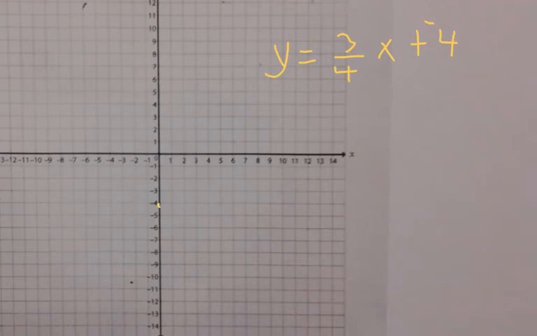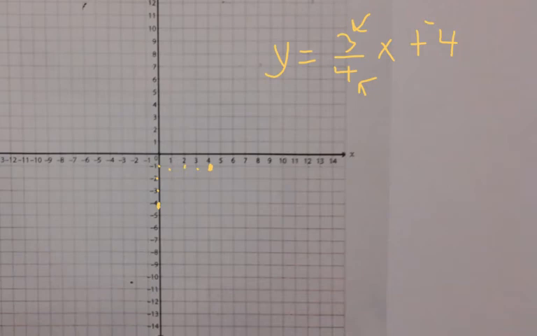And it's a positive slope, and the top number tells us how far to go up, so we're going to go up 3, so go up 1, 2, 3. And then the bottom number, the denominator, says how far to go over. So we go over 1, 2, 3, 4. And there's our other point.